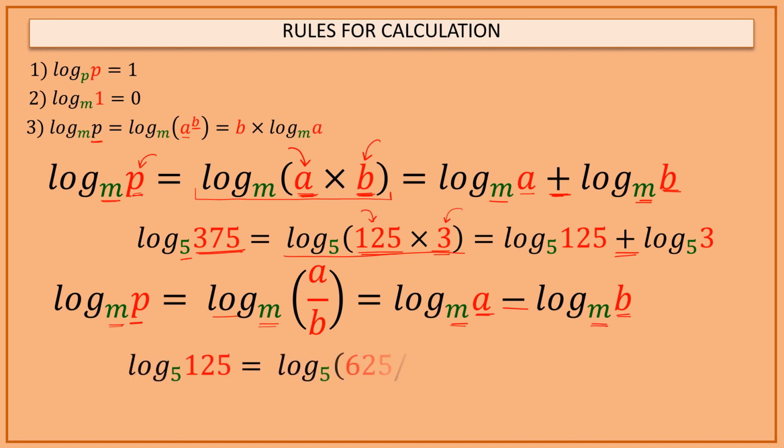For example, 125 can be expressed as 625 upon 5. So logarithm of 625 upon 5 to the base 5 can be simplified as logarithm of 625 to the base 5 minus logarithm of 5 to the base 5.